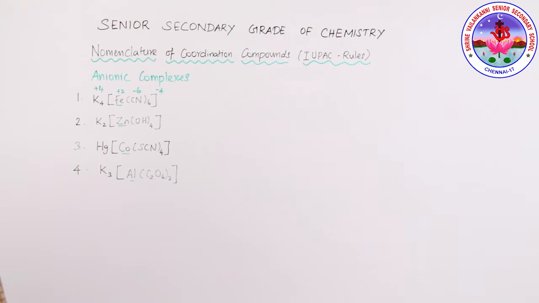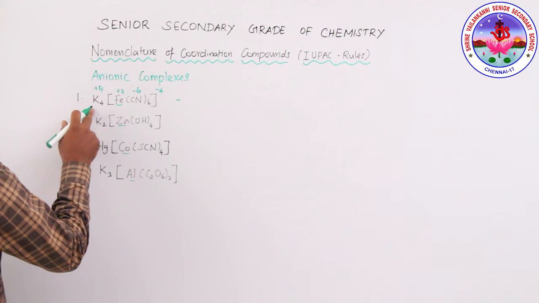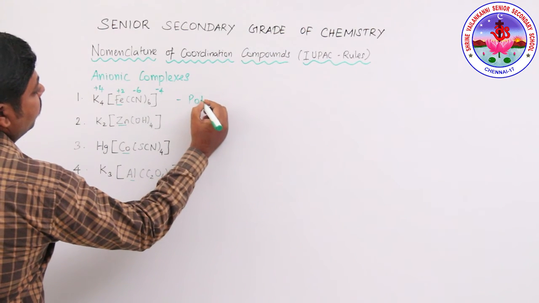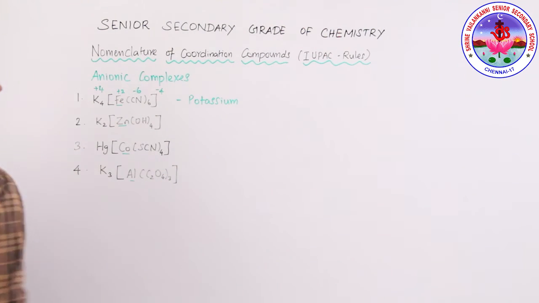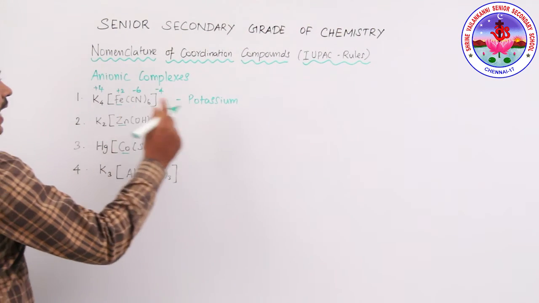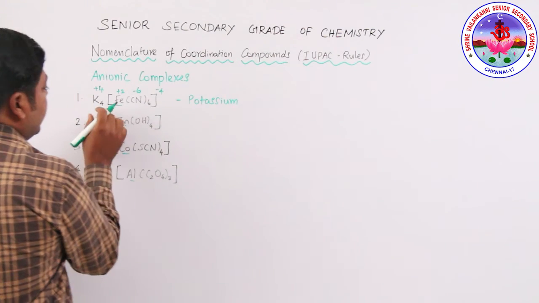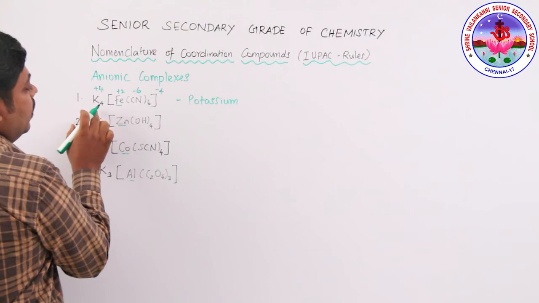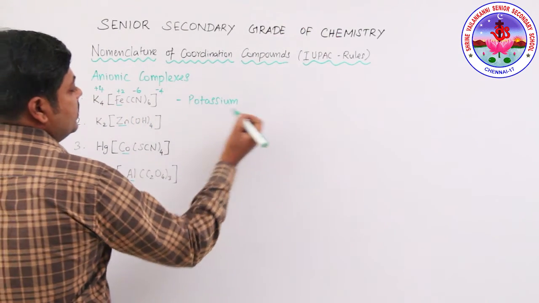Now we can name it. First, the counter ion is named first, so potassium. Then you have to follow the same method: the ligand is named first. Leave one space, because the complex ion and the counter ion must be separated. The complex ion is considered a single word, a single entity.